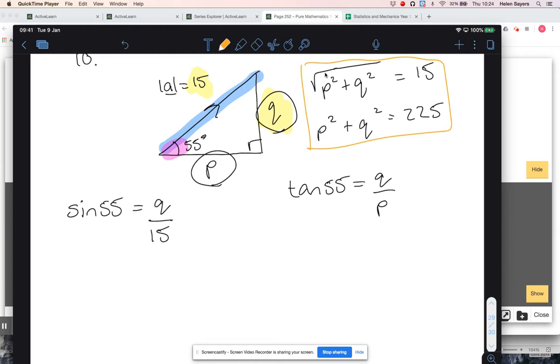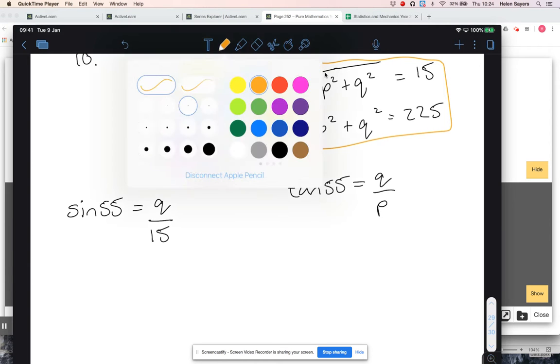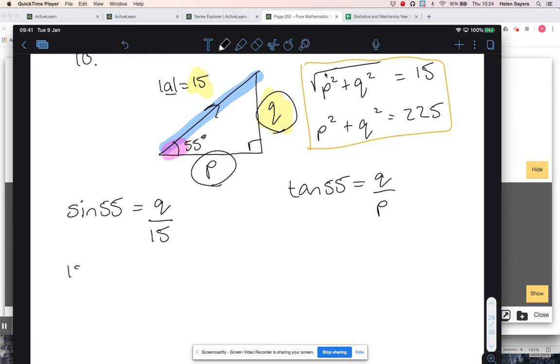Let's see. Okay, so I put that into my calculator. So that would give me that 15 times sine 55 is Q. I don't think it said that they're going to be integers, it said positive constants.